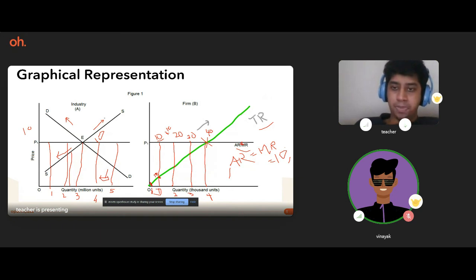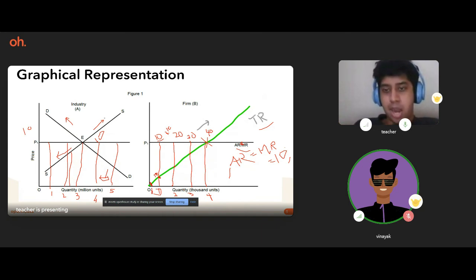But because the price point is staying fixed at 10, there is no change at all in this. Price is staying fixed at 10, but we have to show in the first unit sold how much money is being made. With the second unit being sold, how much is the change in total revenue. We have to show that change in the second, third, fourth unit.